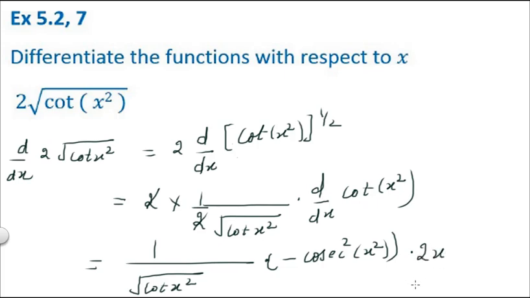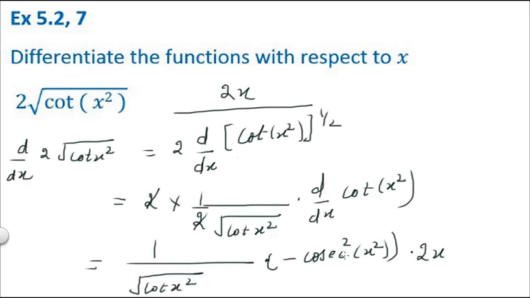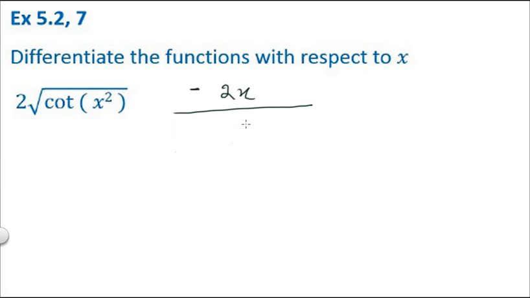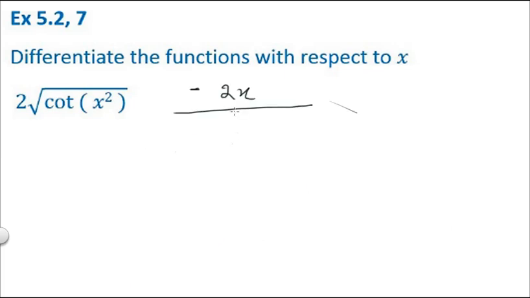Now you can leave the answer in this form also, or you can simplify this expression. So I'll tell you how to simplify. You actually have minus of 2x, and then you have minus cosecant square x square. So we will write minus is already written, cosecant square x square, and in the denominator you have under root of cot of x square.